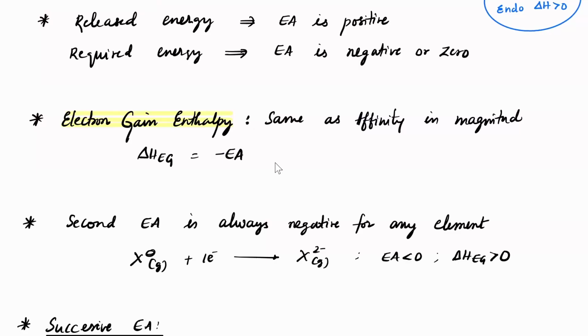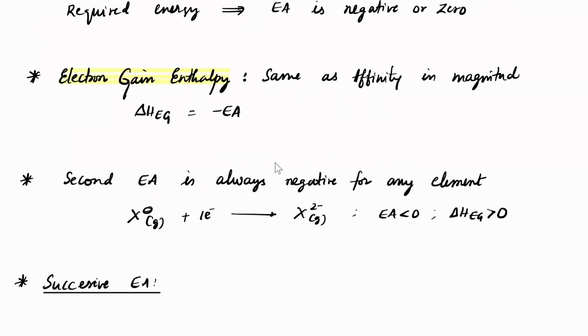If you are getting a negative value of electron gain enthalpy, that means energy is released. Now the second thing: when adding the first electron, we are expecting in most cases that energy is released.